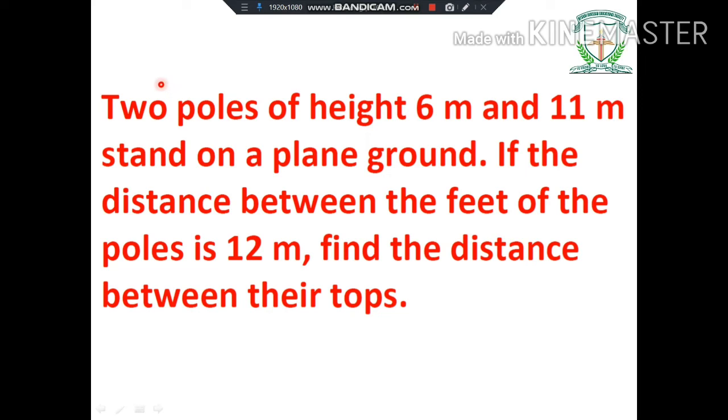Dear children, we shall solve one more problem. Two poles of height 6 meters and 11 meters stand on a plain ground. If the distance between the feet of the poles is 12 meters, find the distance between their tops.